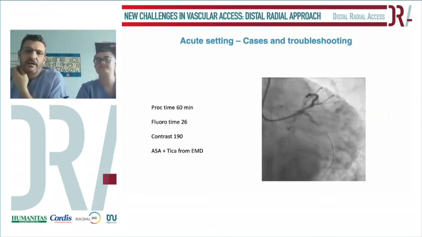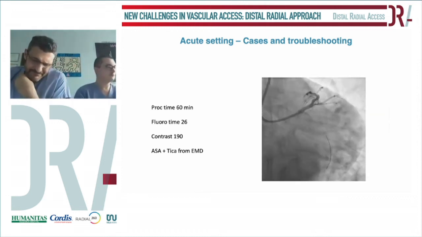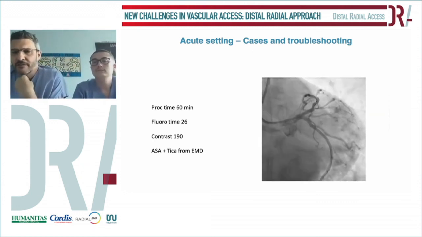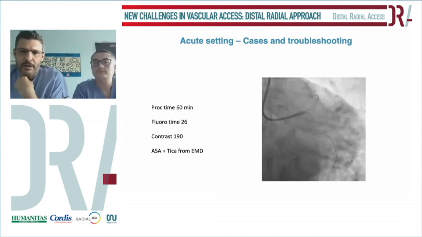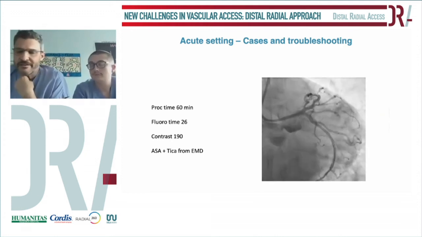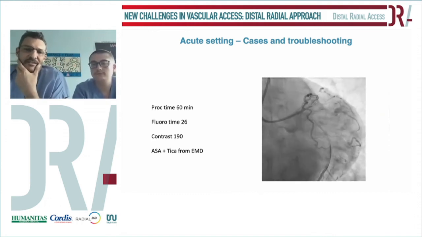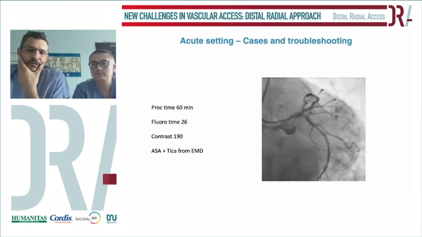Yeah, absolutely. This is a very interesting didactic case, because okay, you say that this is not a complex case, but we were in a setting of acute coronary syndrome with a left main procedure with 2 stent techniques, so it was not really so simple.